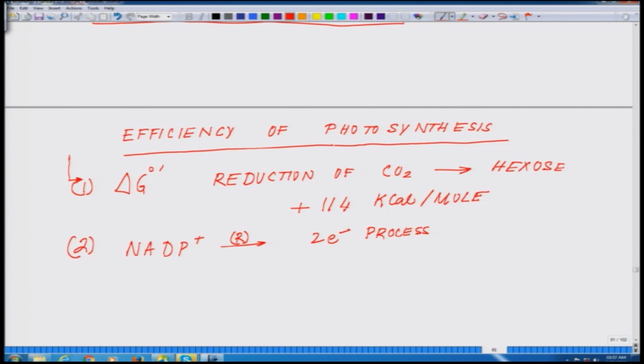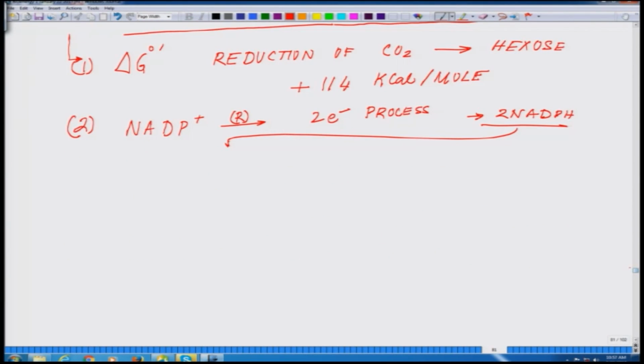Hence the formation of 2 NADPH molecules requires, and this part is very critical, just evaluate it carefully, the pumping of 4 photons to photosystem 1.